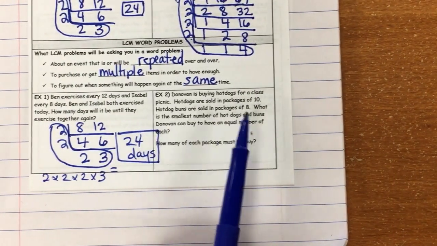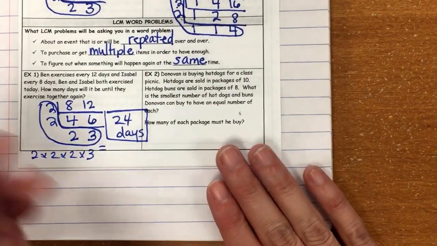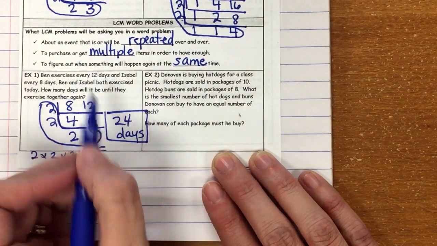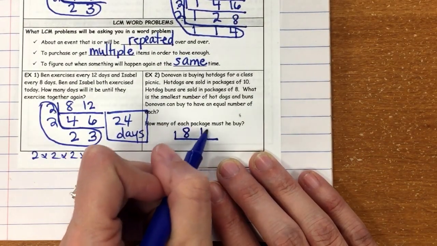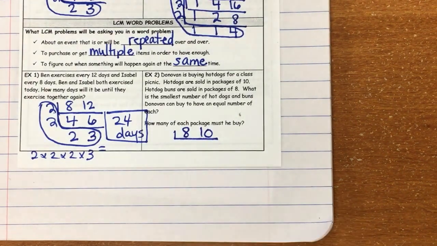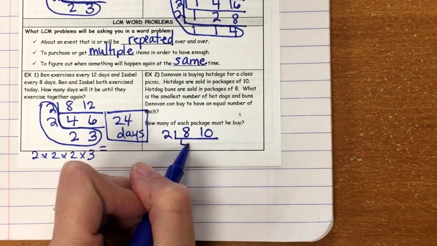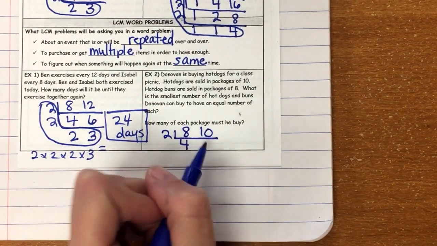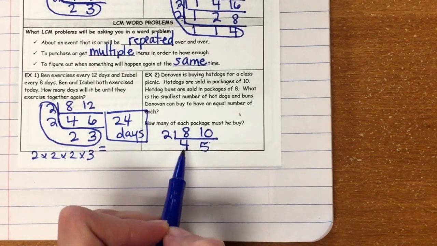I'm going to find the LCM of 8 and 10. So the first thing I'm going to do is put 8 and 10 in my upside down division box. What prime number goes into 8 and 10? That's 2. 2 into 8 is 4. 2 into 10 is 5. Okay? And so I'm done because nothing else can go into 4 and 5.